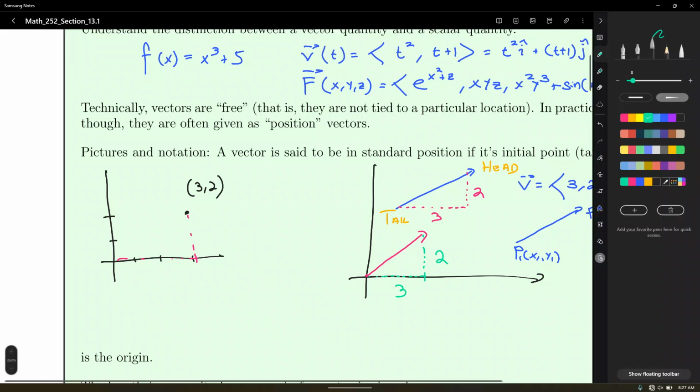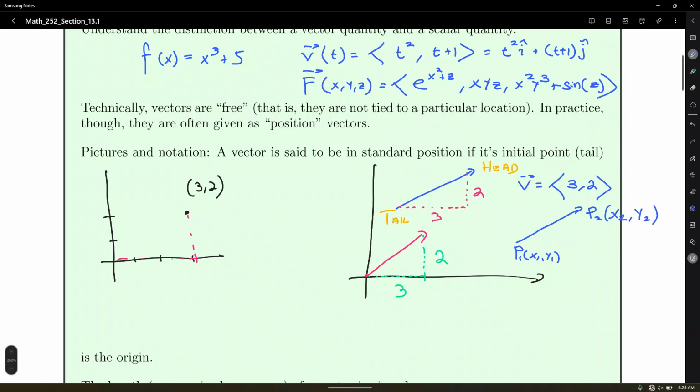Okay, so notation. Any vector, say v, is going to have components a comma b. So that means like ordered pairs, but again they're not ordered pairs.